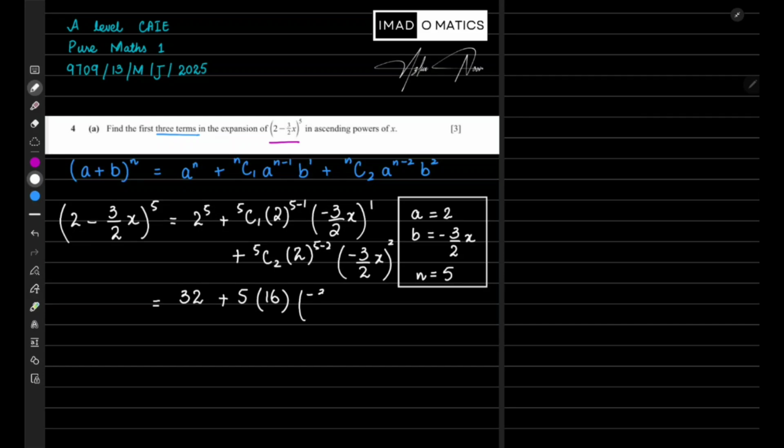Then it gives you minus 3 over 2x plus 5C2 is 10.